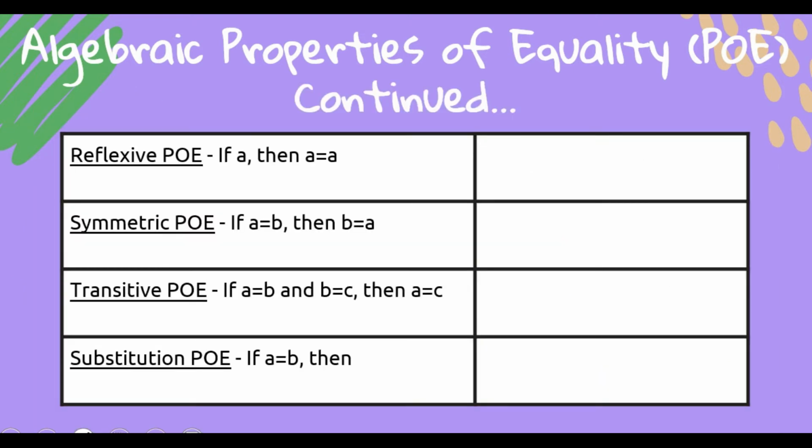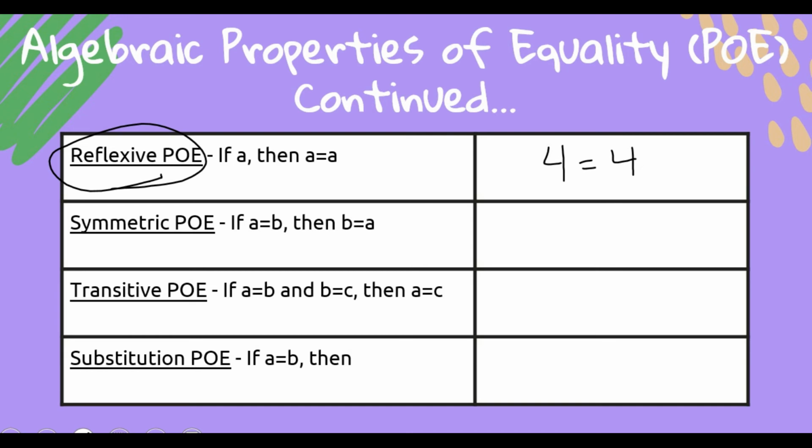The next property of equality is reflexive property of equality. And this states that if we have a value, and let's just call that value A, then A is equal to A. So that value is equal to itself. So an example would just be 4 equals 4.